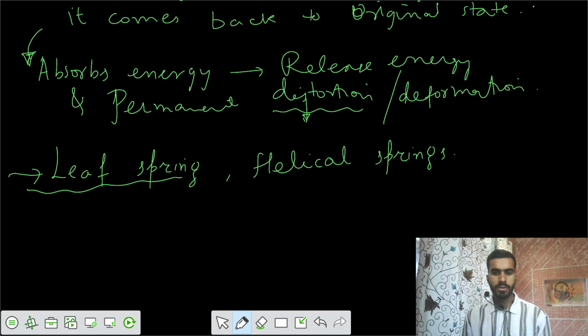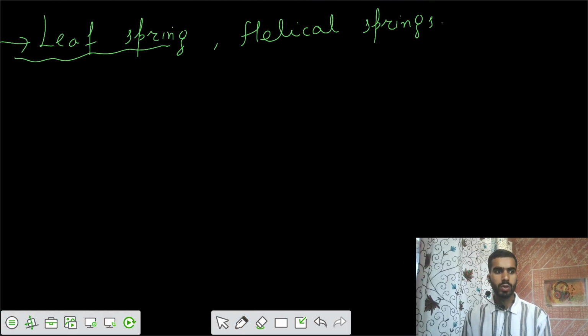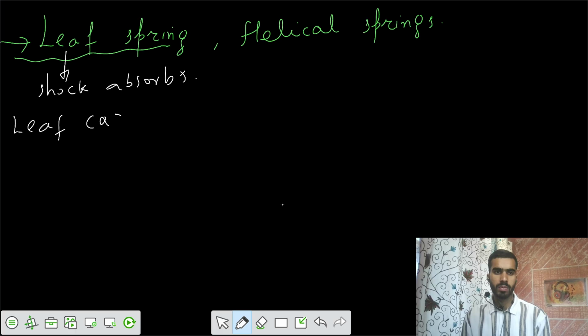For the leaf springs, you use them as shock absorbers. We also call them leaf carriages, spring carriages.